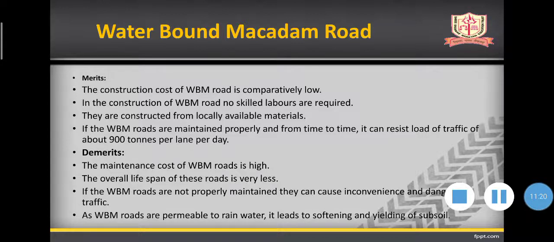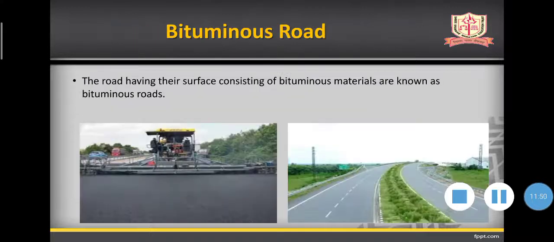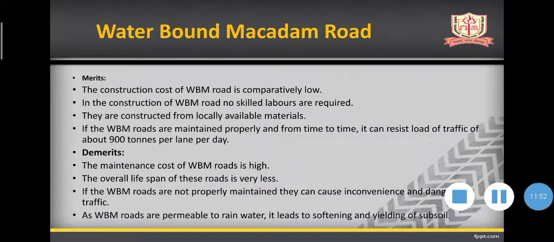If the water permeates the various layers of the road, then obviously the layers will become soft, or they will become weak. It loses strength, and if it loses strength, then the soil or subsoil will yield. Yield means to be removed. It can be removed from its surface, or it can change its place. So this can happen in this type of road. So this is all about your waterborne macadam road.